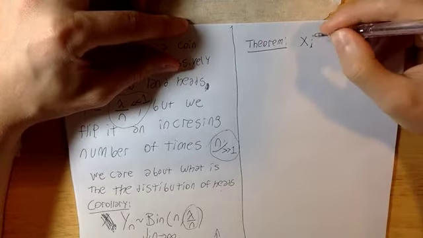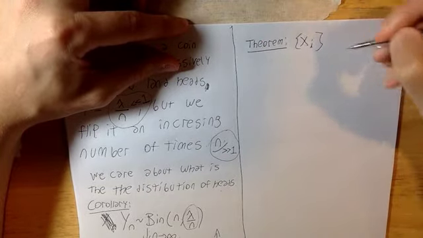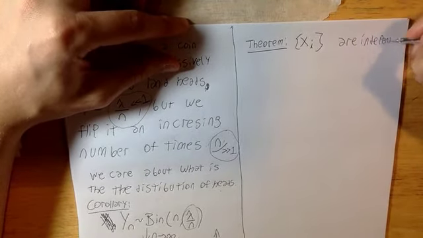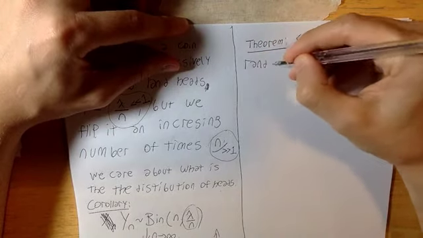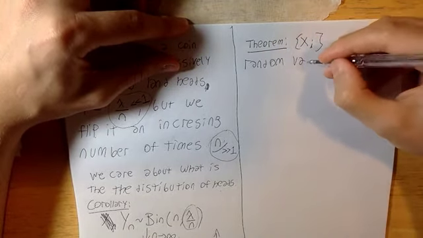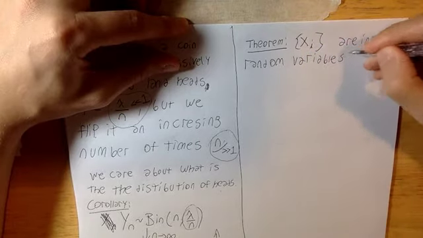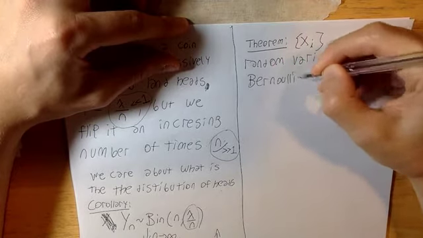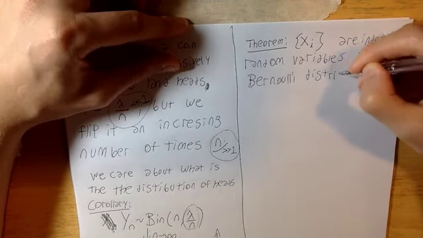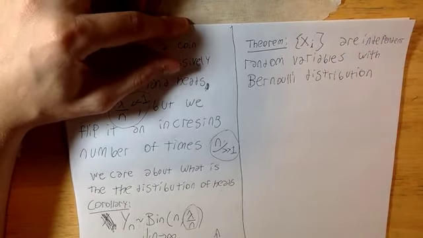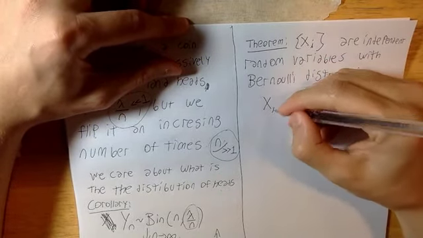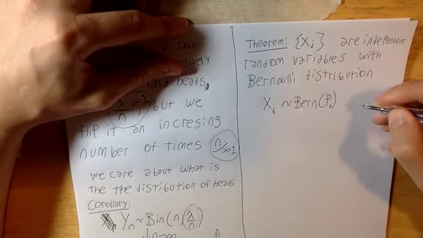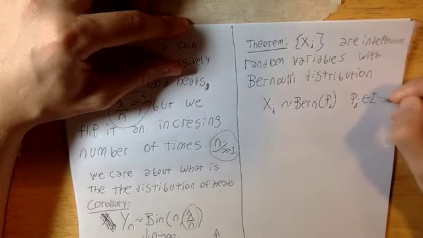So if Xi are independent random variables with Bernoulli distribution, and here we are going to have an even more general case. We are going to consider Xi distributed Bernoulli pi, with pi a number between 0 and 1.